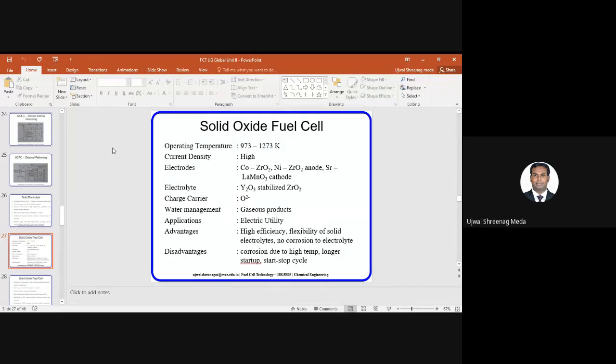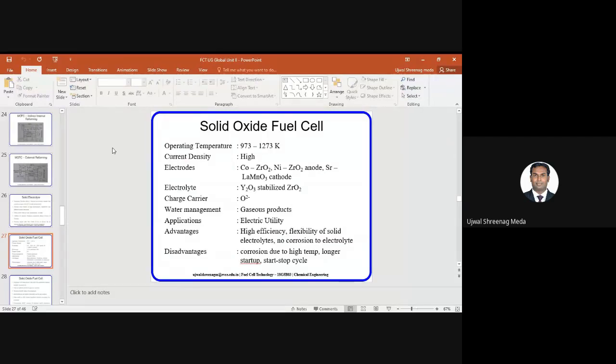Because of these high temperatures, it is not good for the fuel cell or the material to suddenly increase the temperature to such high values. So the heating should take place gradually. Because of this, the startup will be long, and also the start stop cycles. So these are some of the disadvantages of SOFC.